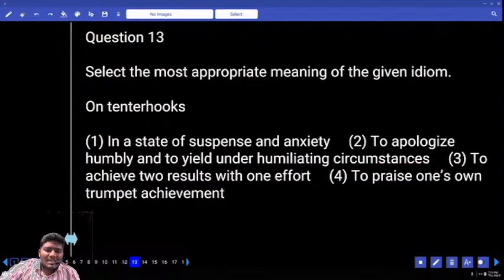On tenterhooks, write one more idiom. Sit on the fence. Sit on the fence. What do you mean by sitting on the fence? Can you tell me? What do you mean by sitting on the fence?